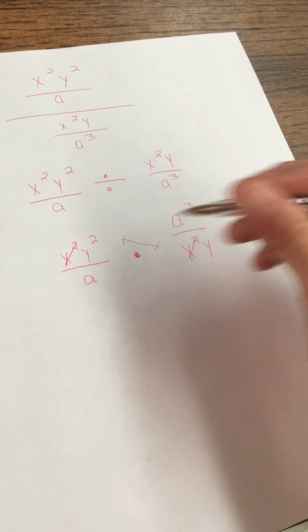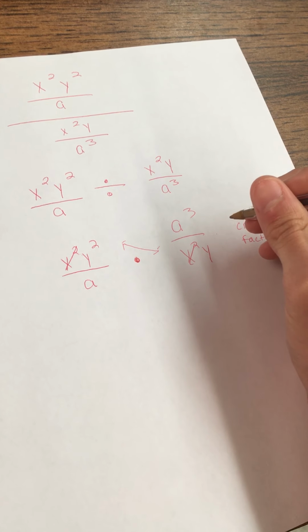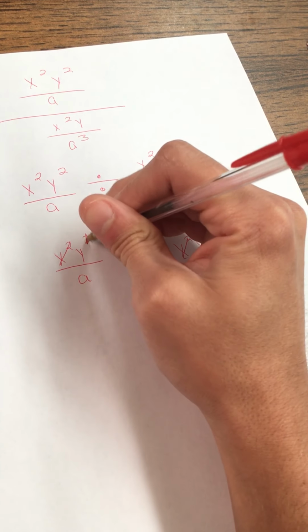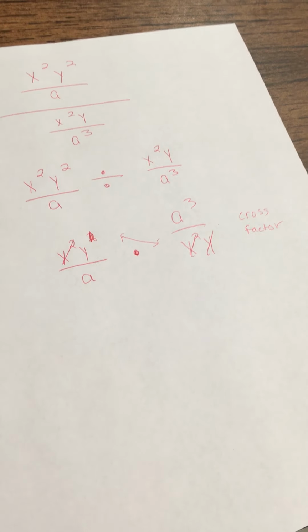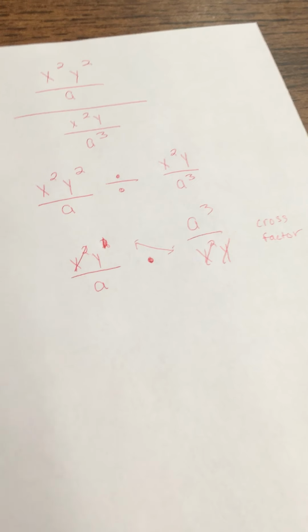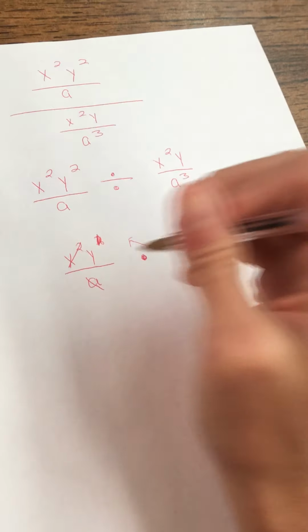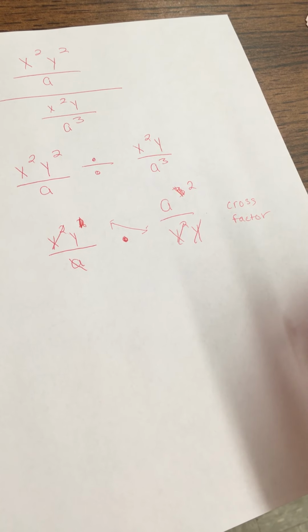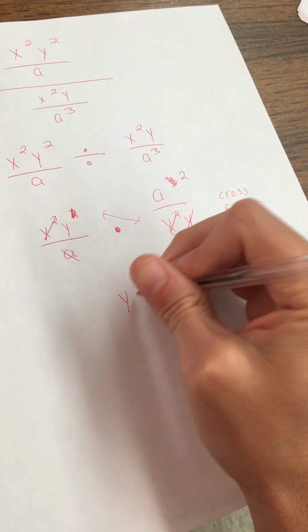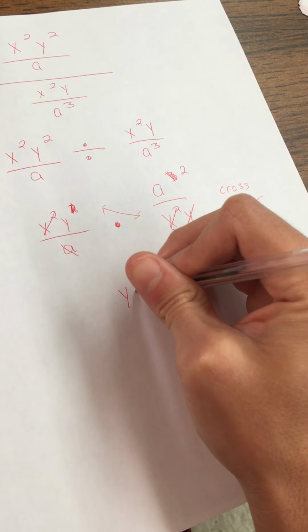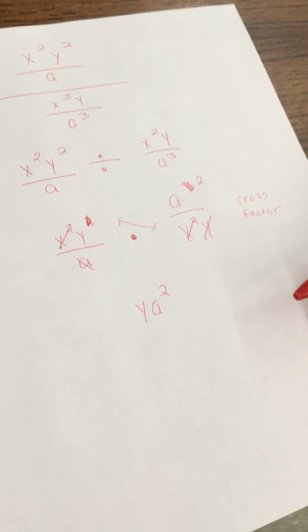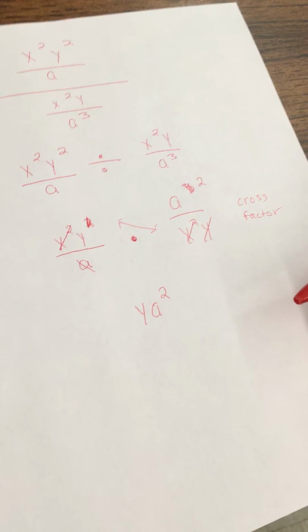I know y goes into y squared just what? 1 time. So it eliminates that and takes that away, and it's just 1. I know a is gone, and that cuts this down to a 2. So all I have left is what? Y and a squared. Is that simplified? That's really simplified, right? That's as far as you can go.